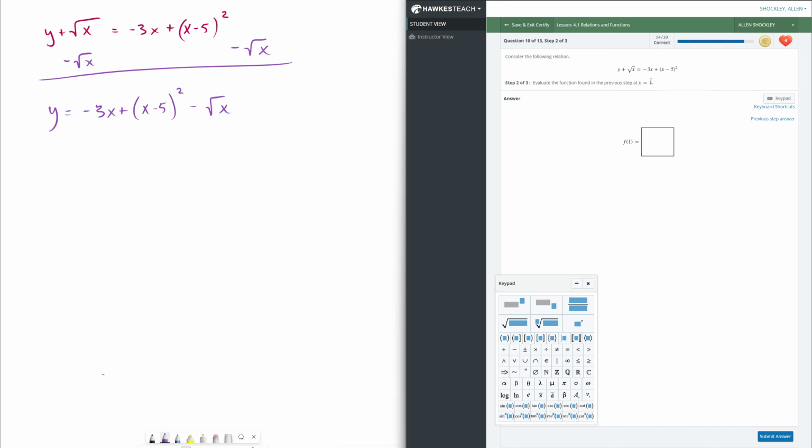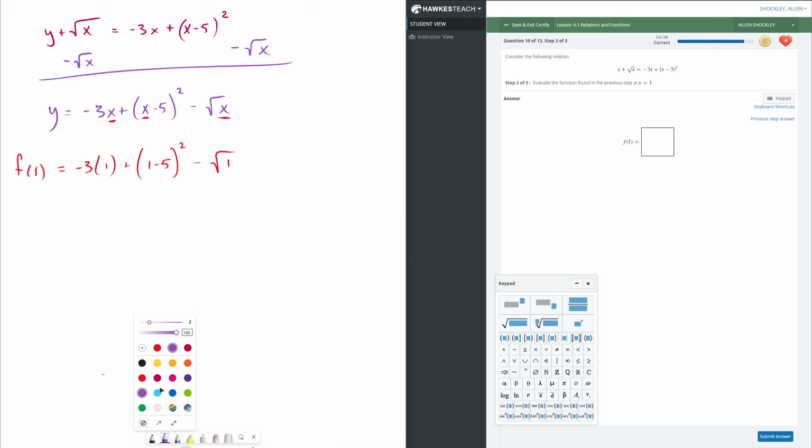And again, all it says is replace every single one of these X's with a 1. So here's an X, here's an X, here's an X. So f of 1 equals negative 3 times 1 plus 1 minus 5 squared minus the square root of 1.